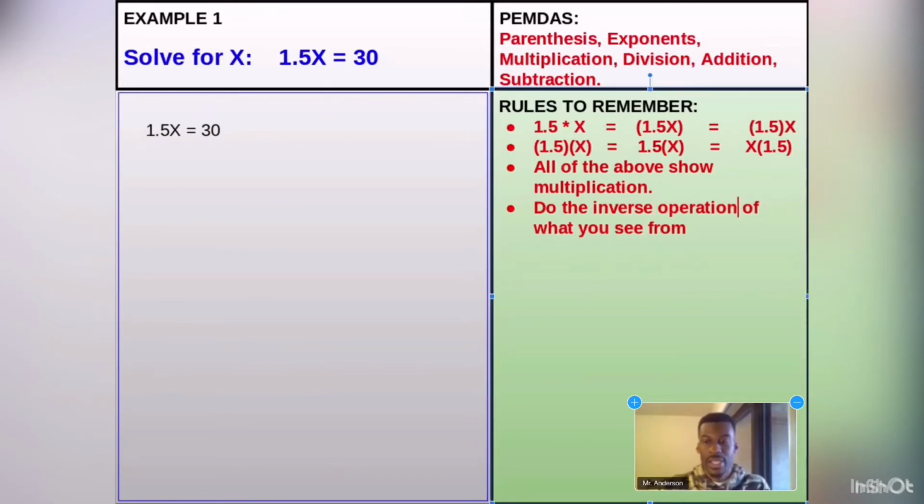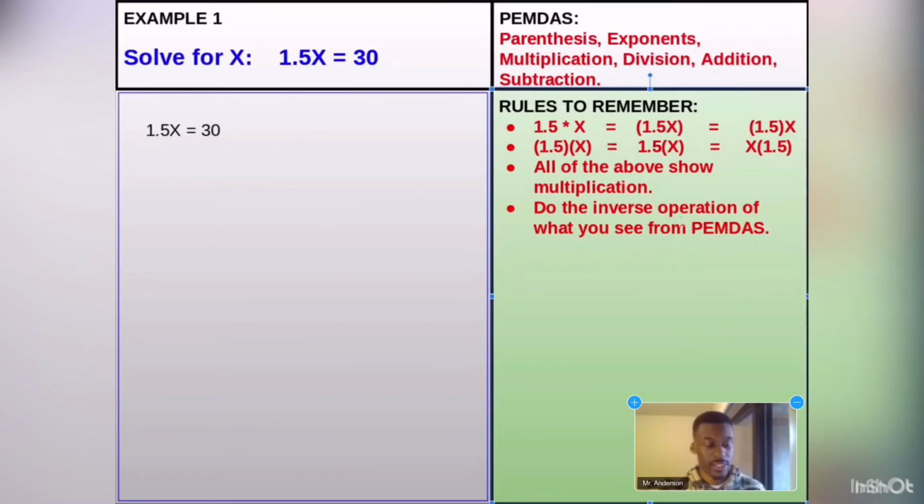The inverse operation is basically the opposite of the operation. The opposite of addition is subtraction. The opposite of division is multiplication. You get my drift, okay? Do the inverse operation of what you see from PEMDAS.